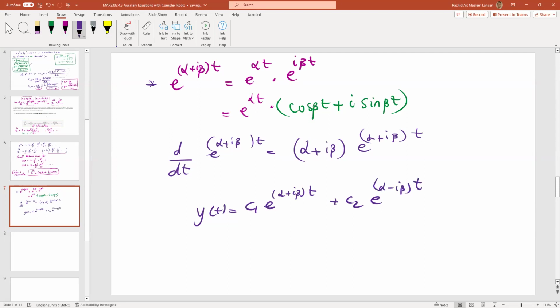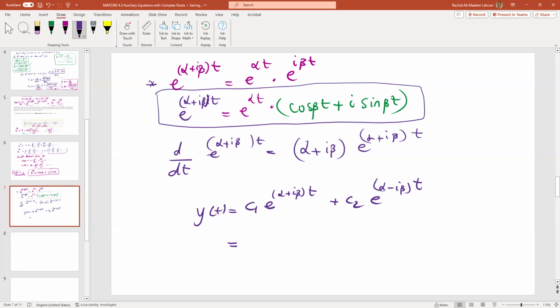All right, so now let's replace. There it is. So you see, it looks long, but now understanding where it came from, it's not a big deal.